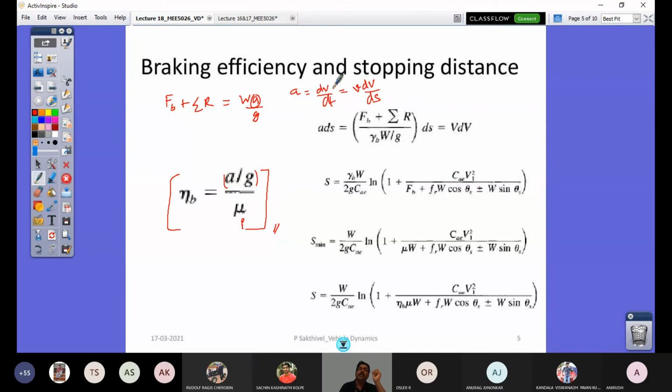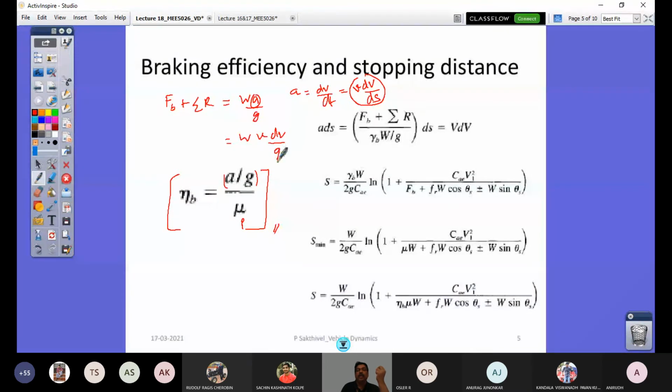One leads to the linear momentum principle, the other leads to the work and energy principle, another form of Newton's law. You put these definitions. Since I am interested in stopping distance, I take this, and if I put that here, W V dV by ds, and of course G down there.